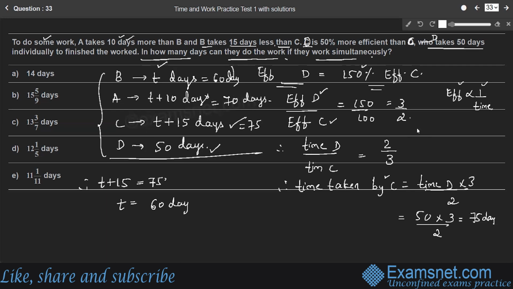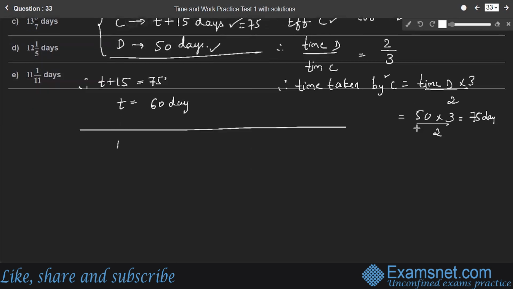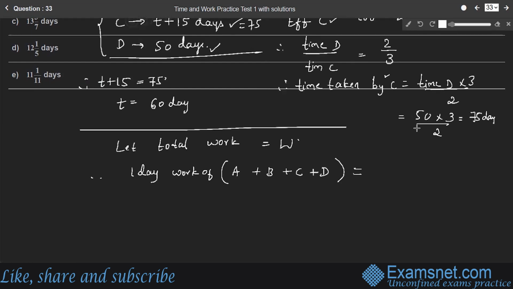So let us consider the total work be W. Based on the concept of work, total work is one day work into total number of days.